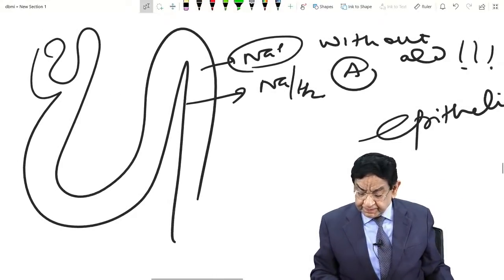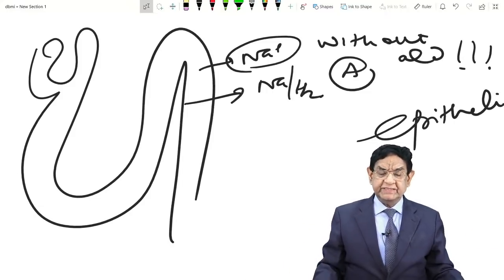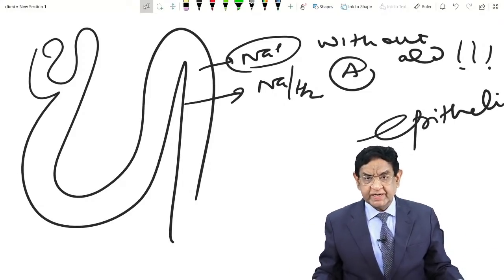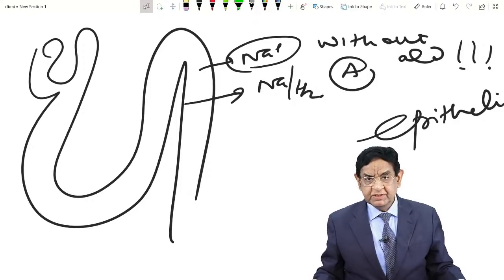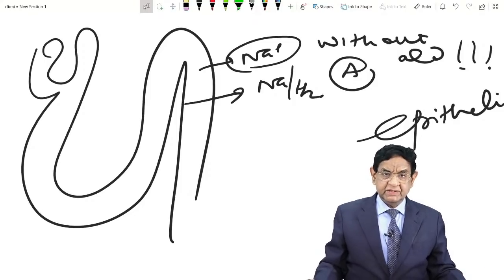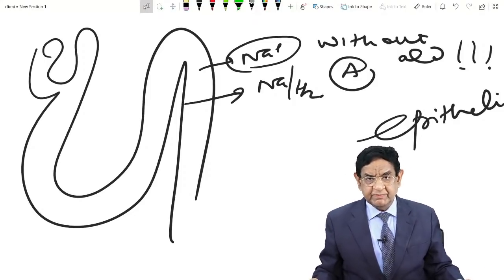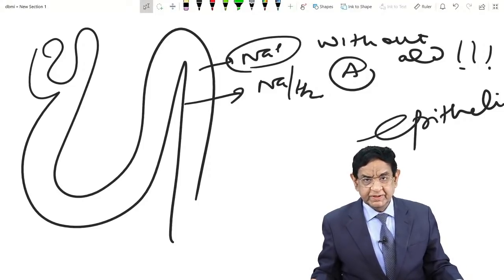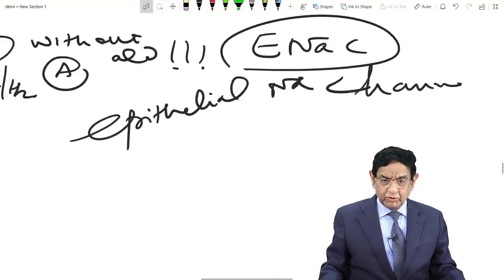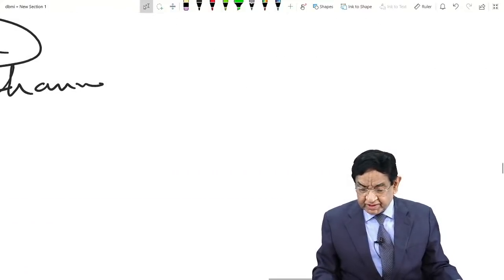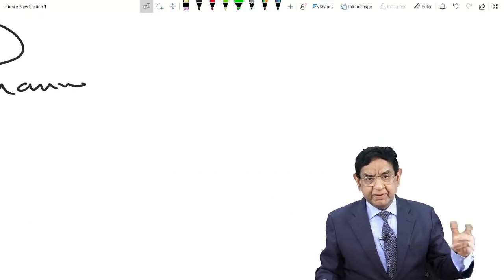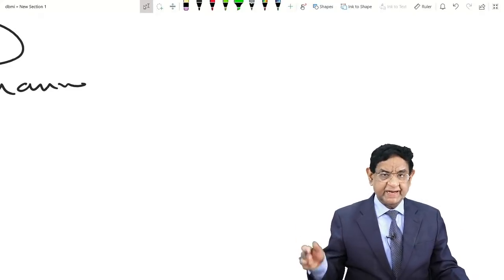Well, I can give you a day-to-day example. We all travel in trains, and you are a thorough gentleman, citizen of the country. You buy a ticket, but we all know, especially in India and the subcontinent countries, many people travel in the train without a ticket also.